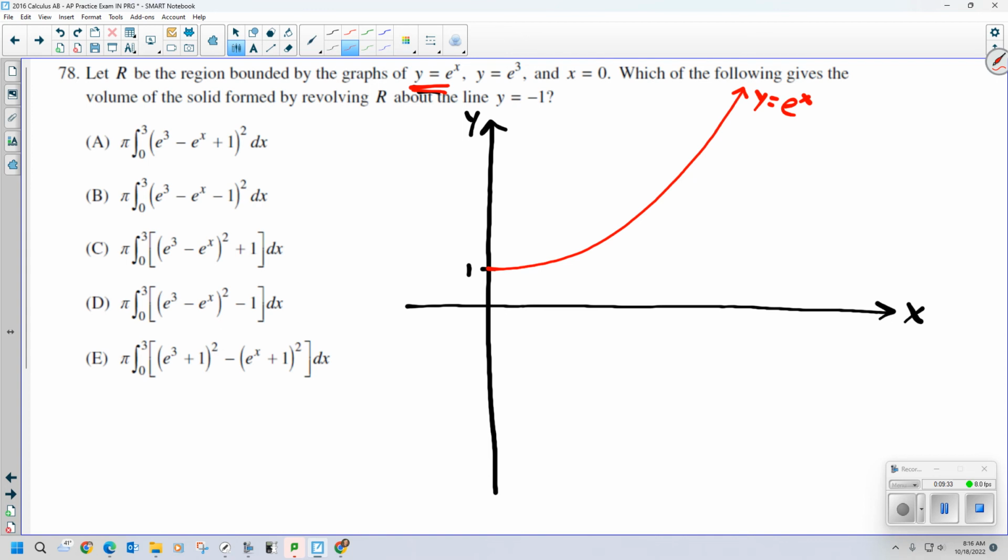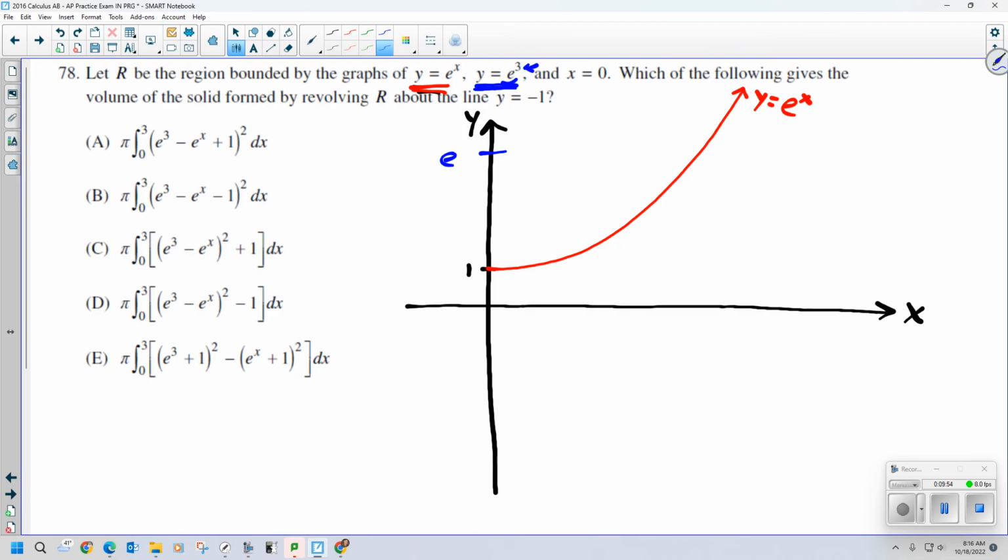All right? In blue, I'm going to graph y equals e cubed. e cubed is a constant. There is no variable. y is a variable, and x is a variable. e is the number 2.718, etc. We are taking a constant and raising it to a constant, which gives me another constant.